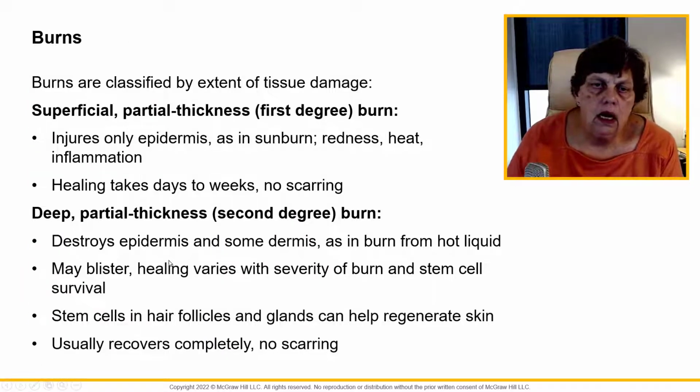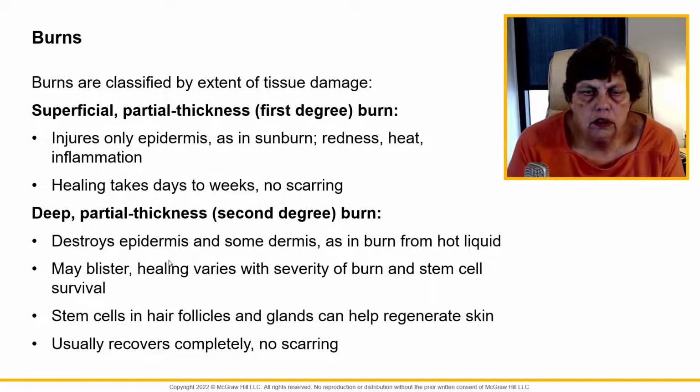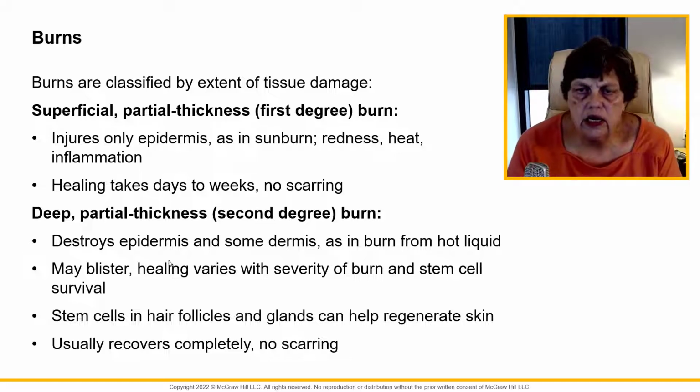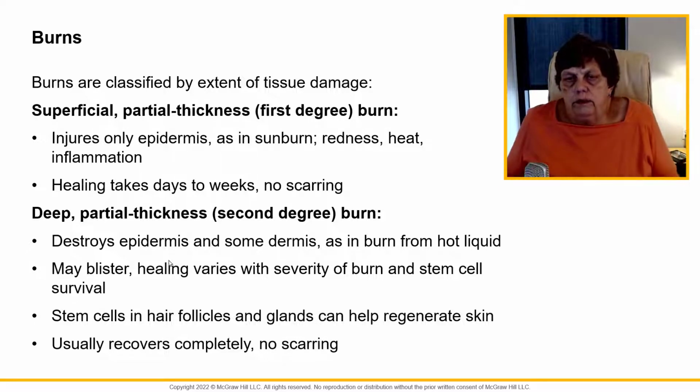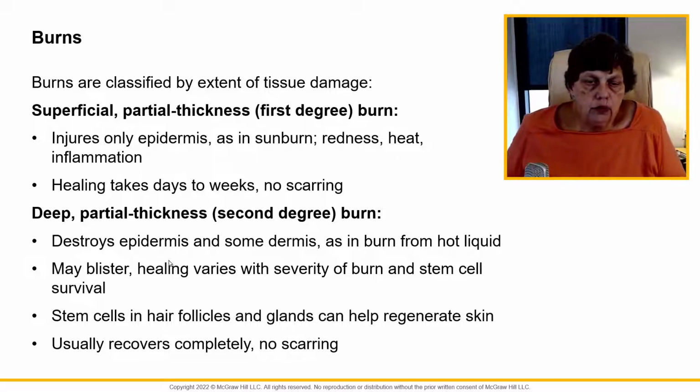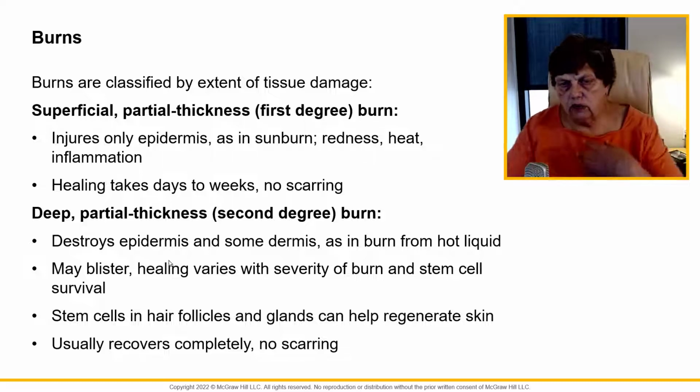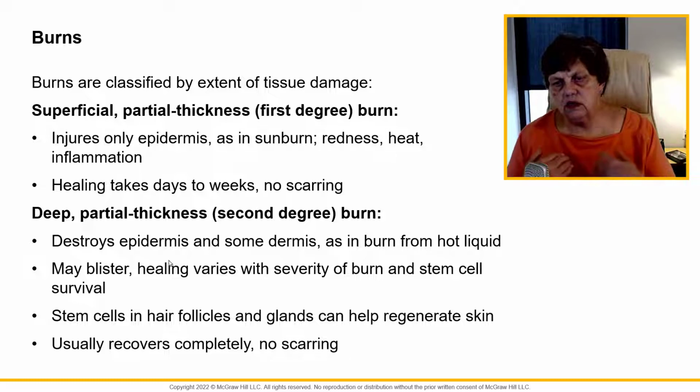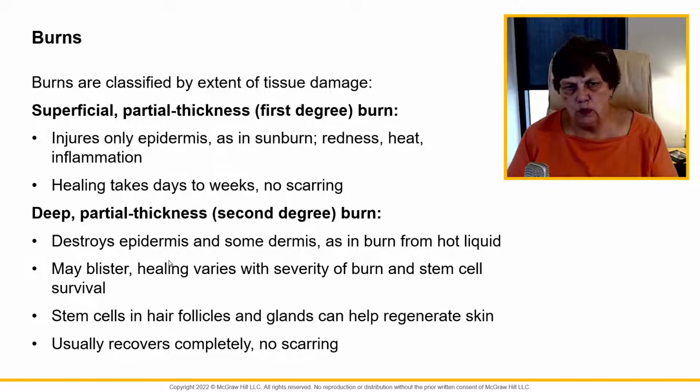Okay. With burns, it's obviously an issue in terms of how deep this is. Burns are classified according to how extensive the damage is. You can have superficial burns, you can have deep burns, but we're going to go through these different degrees, and the reason we do this is because this tells us what we've got to do to treat these burns.